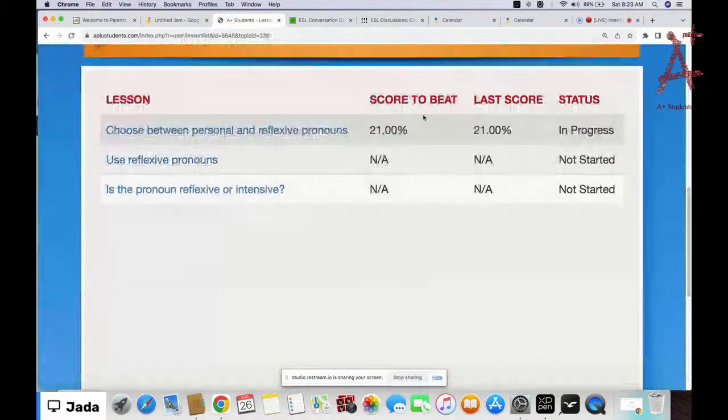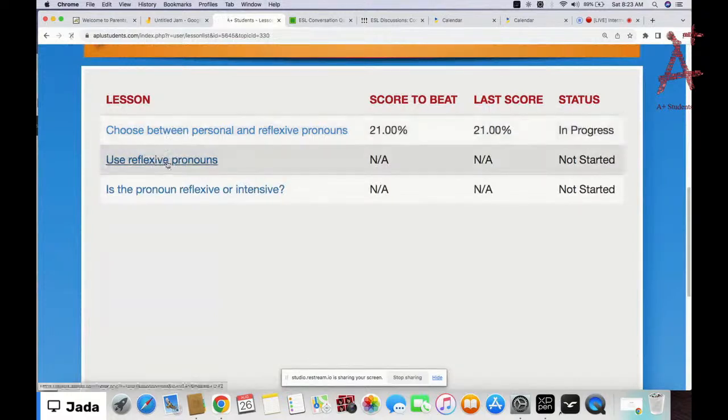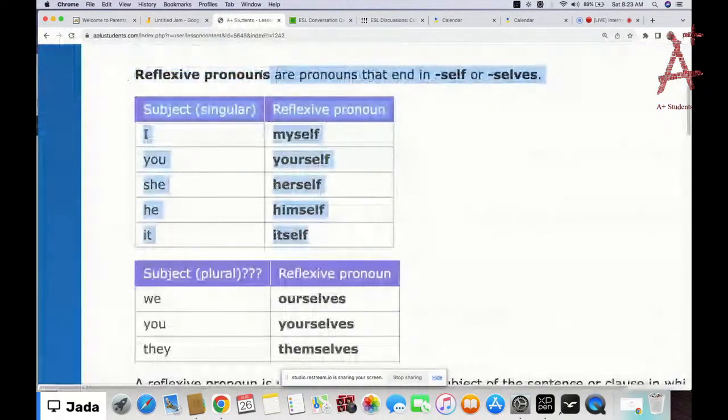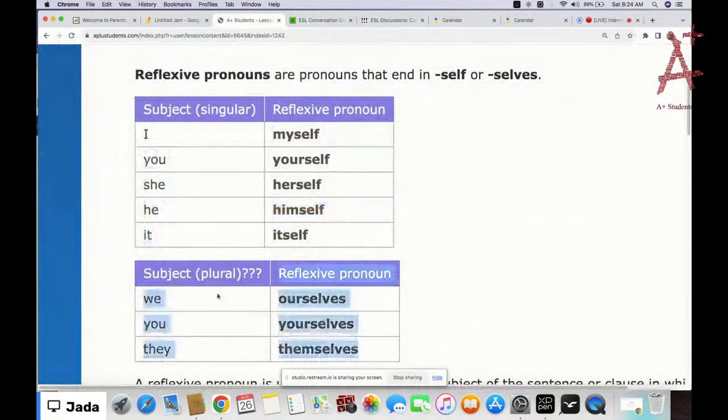Now the next lesson. Make sure you finish the first one; if you've not completed it yet, you can finish it. The next one is use reflexive pronouns. This is almost the same as what we've done so far. These are the singular subjects, and this is the reflexive pronoun for the singular subject and the reflexive pronoun for the plural subject.